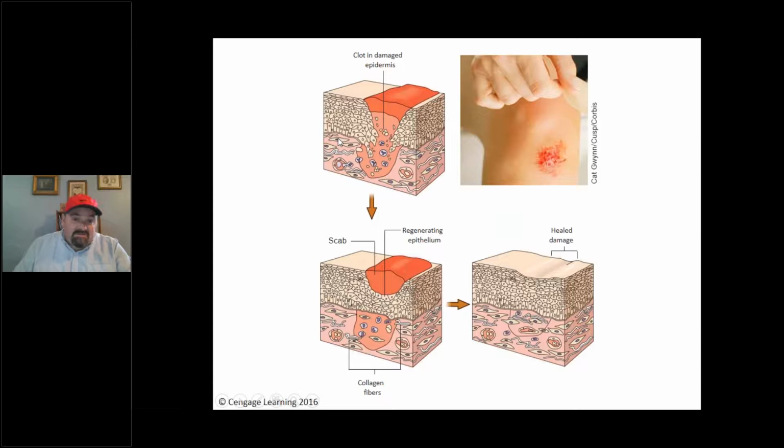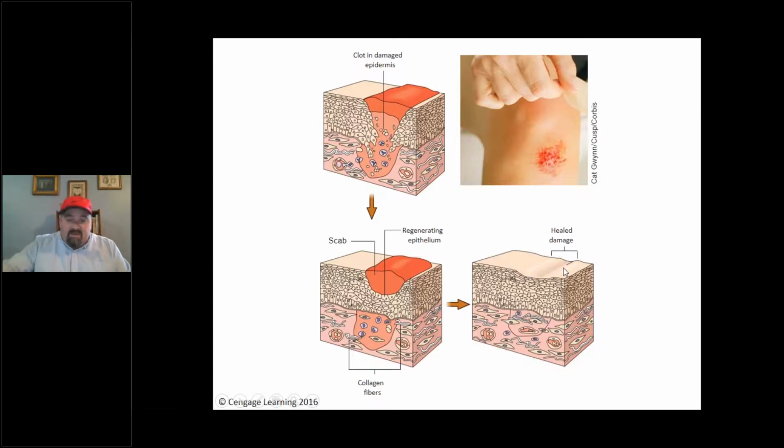And what happens, folks, is that this bottom layer of the epidermis is where mitosis occurs, where new cells are produced, and they're pushed to the surface. So new cells are at the bottom here, at the base, and they're pushed to the surface and over time, those new cells will replace the damaged area.